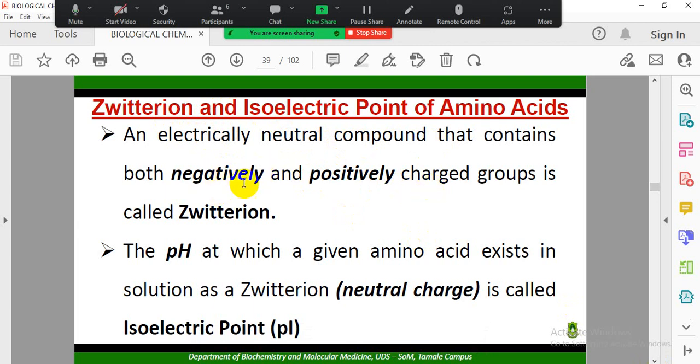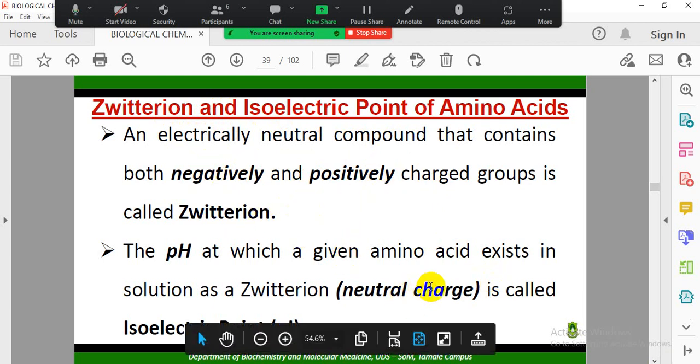So any compound that has negative charge and positive charge and stays neutral in a solution is called what? A zwitterion. And the pH at which a given amino acid exists in a solution as a zwitterion is called the isoelectric pH or isoelectric point.